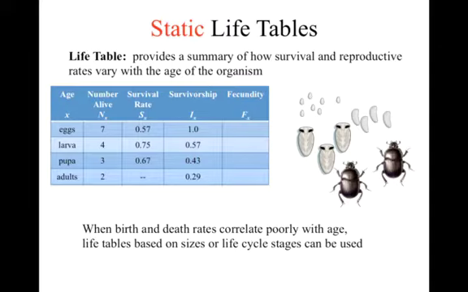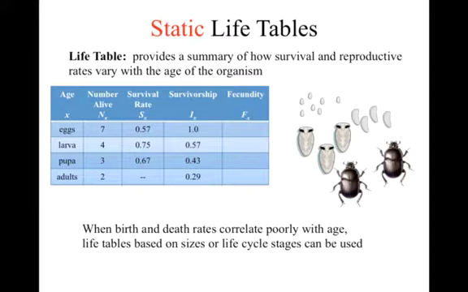And if this is all in one population that I measure in 1 year, then again, I'm making a static life table. It's a static life table based on stage, not based on age, but it's still a static life table. And I can go ahead and fill out my survival rate and my survivorship just based on the number of eggs, larvae, pupa, and adults that I have. I'll let you figure that out. Make sure you get the same numbers as I do.